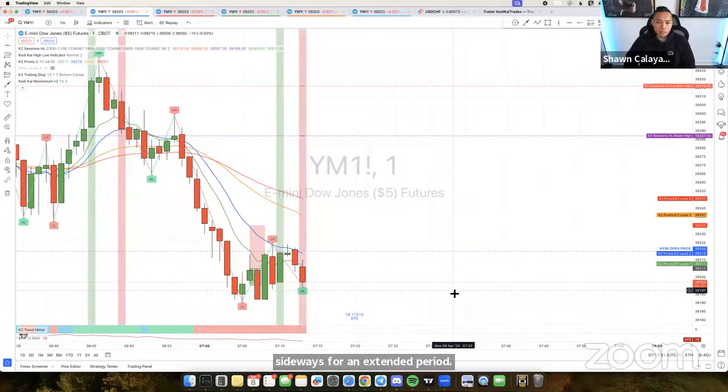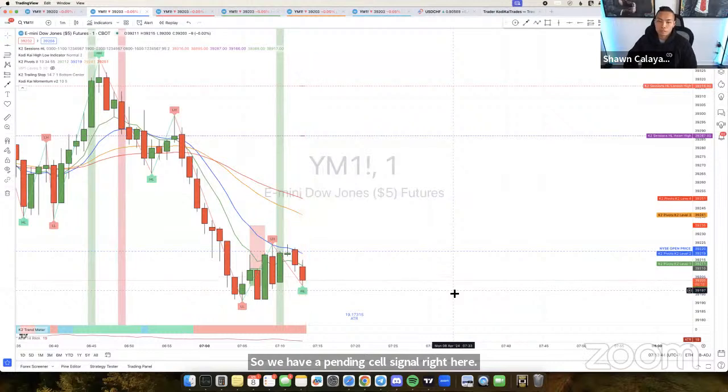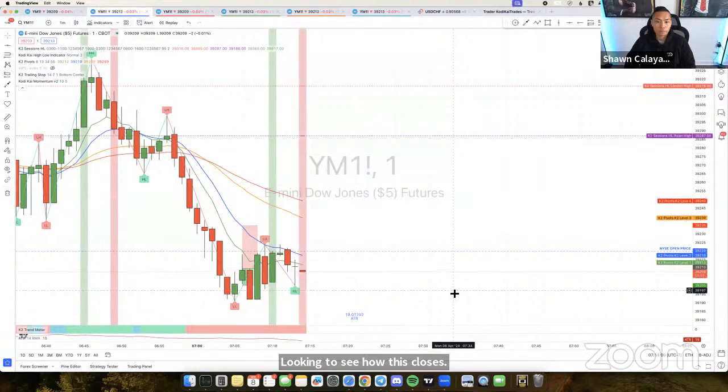So we have a pending sell signal right here. Looking to see how this closes. No sell signal there.